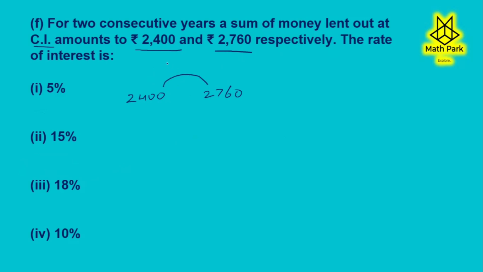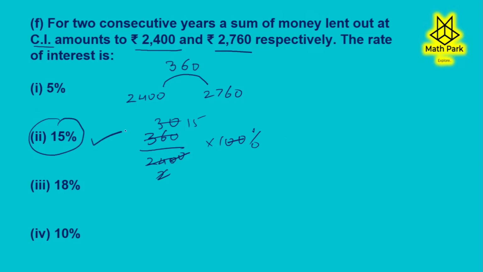There is a change of 360 over 2400. So 360 upon 2400 times 100%. So 12 times 2 and 12 30s, and 15% is the correct answer.